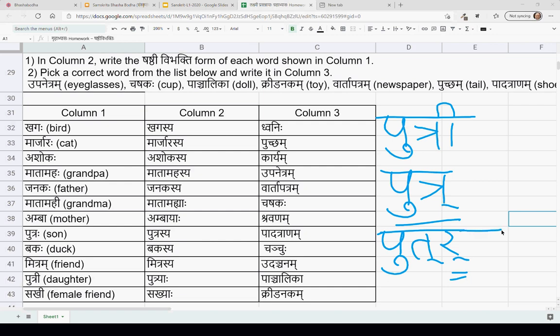And then we add Yaha to this, Putryaha. Which again, coming back to the Devanagari Lipi, we can write it like this also. This is also correct, and this is also correct. It's the same thing.